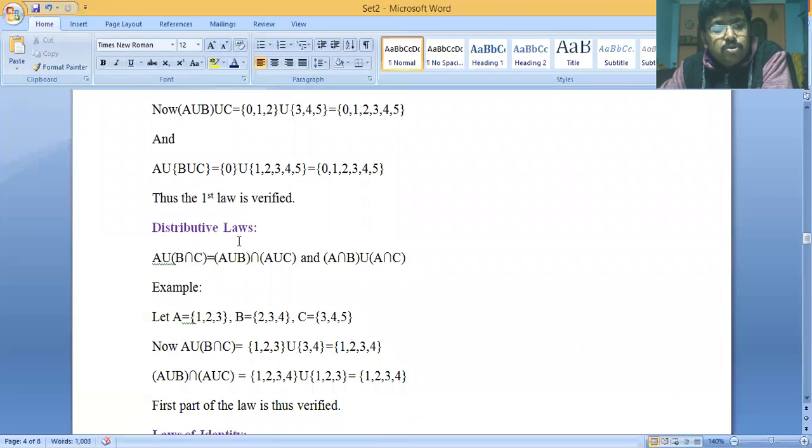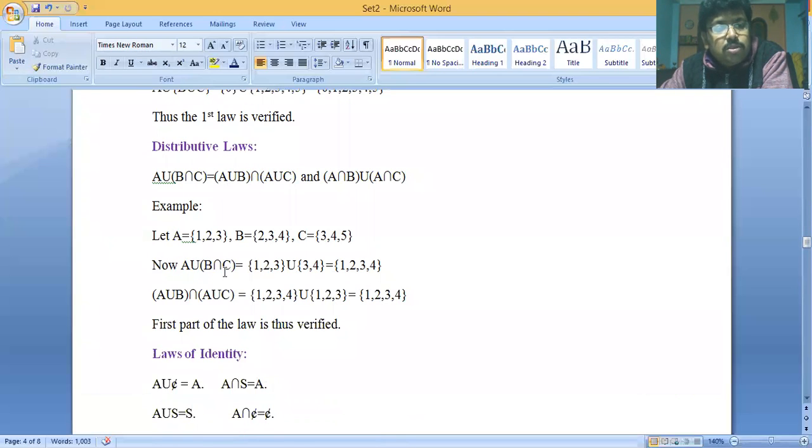Now this is the distributive law. A union with B intersection C equals A union B intersection A union C, and A intersection with B union C equals A intersection B union A intersection C. For example, we can prove it by using this example. A is a set with elements 1, 2, 3, and B is a set 2, 3, 4, and C is a set 3, 4, 5.